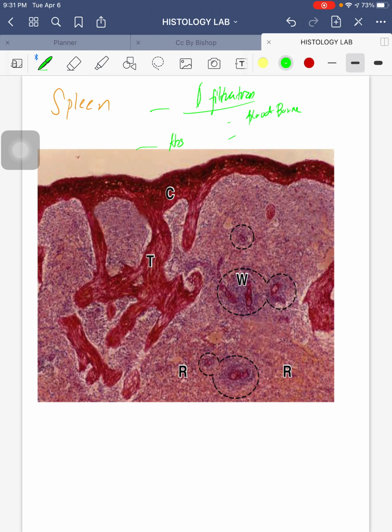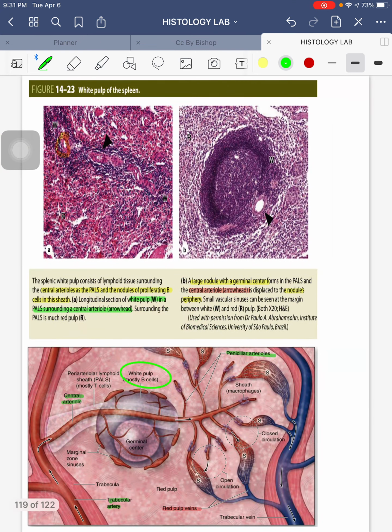And what makes this unique is also its parts. It's subdivided into two parts. There's a red pulp and a white pulp. Okay, so we'll discuss that one by one. So the white pulp of the spleen. See, I placed the definition again, credits to Junqueira. So it will be easier to understand, because even I get confused: it's called white pulp, but the color is actually purple.